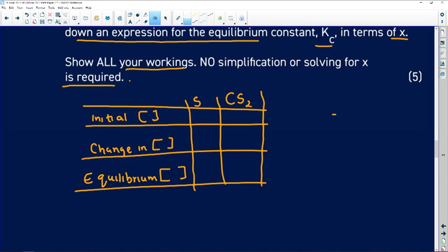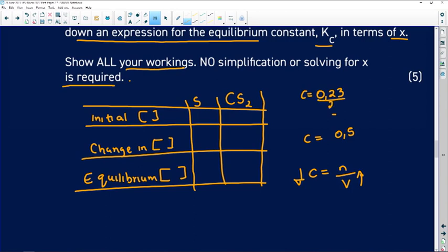Now, do we know the initial concentration of sulfur? In our calculations, we got that the concentration was 0.23. And for CS2, the concentration was 0.5. But remember that C equals n over V, and the volume was doubled, meaning this is going to be halved.